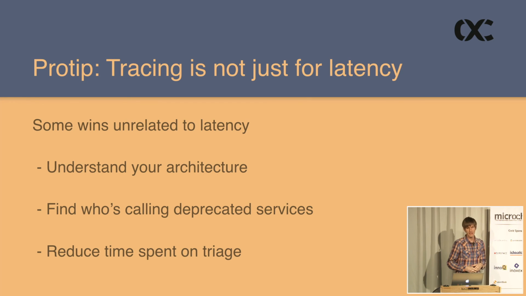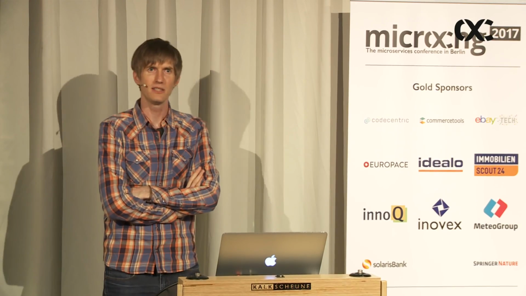My favorite thing about tracing, which I use in developing tracing, is just reducing time spent on triage. We're very inventive as engineers. We can figure out all sorts of hypothetical scenarios to explain a problem. And sometimes we can get really dug into those theories and argue for a long period of time about what caused this. This was the database, or, no, definitely the network.